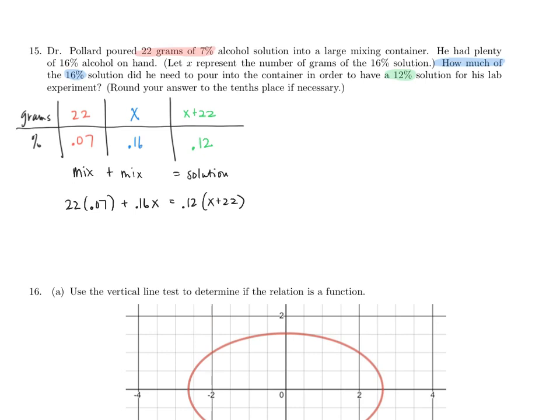So 22 times 0.07. It'll take me just a second as I get my calculator here. Okay, so 22 times 0.07 is going to be 1.54.